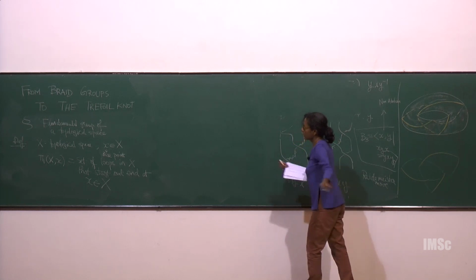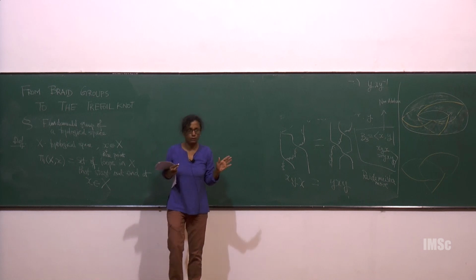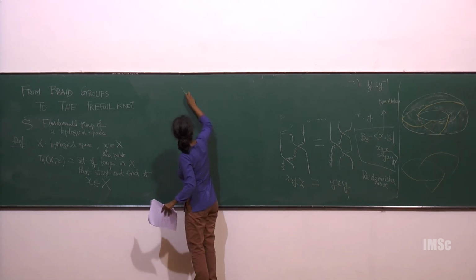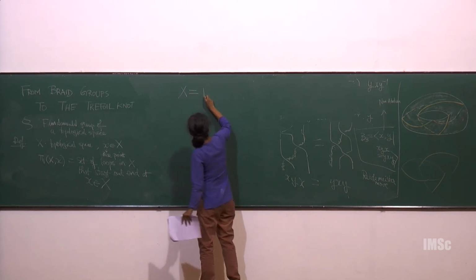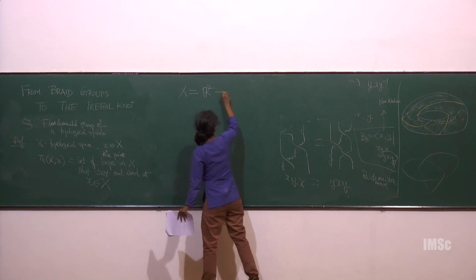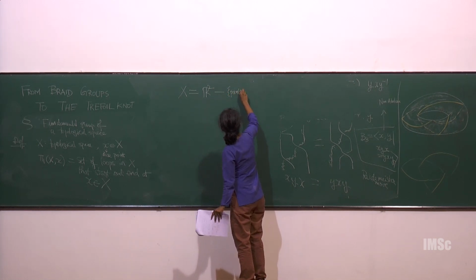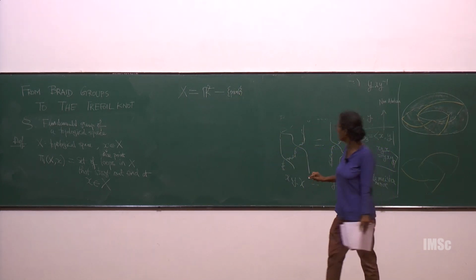The kind of topological spaces you should think of is not some crazy topological space, something easy, okay? My favorite example is R2 minus a single point. Take any point. This is going to be my example.